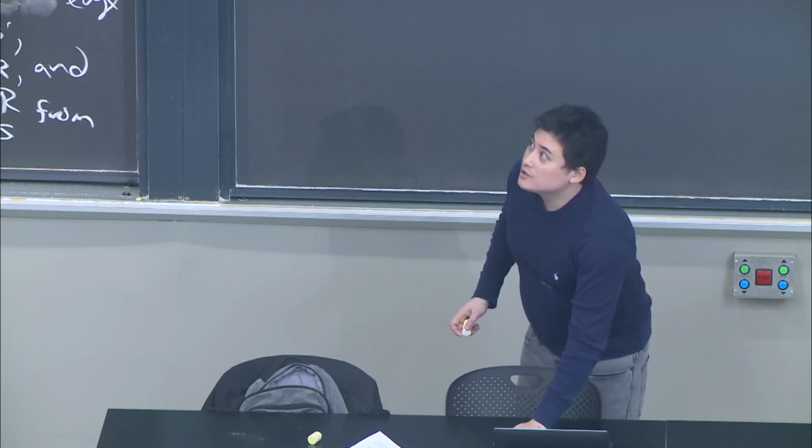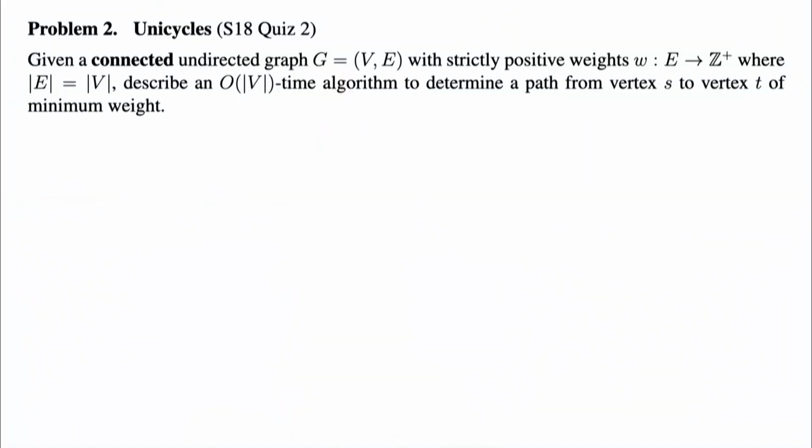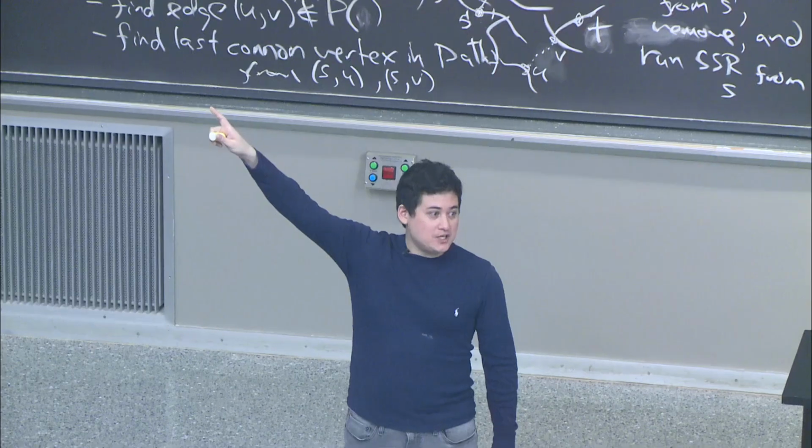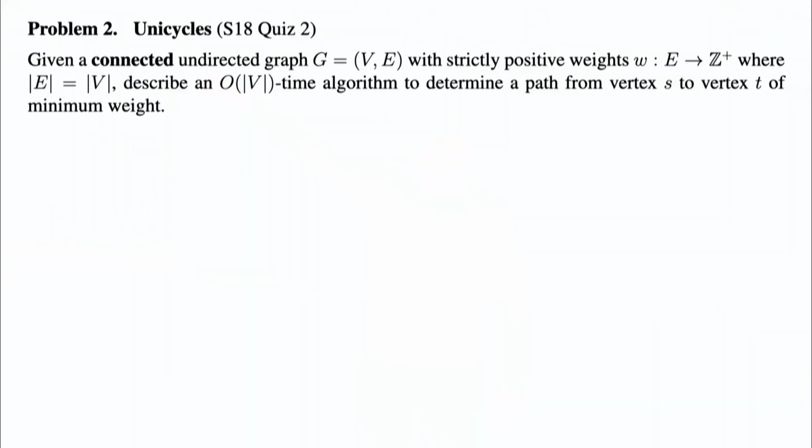There's a hint in the title. Actually, the original version of this problem said, instead of this E equals V specification, that there's only one cycle in the graph. But that is in the context of undirected cycles as opposed to directed cycles, which is usually what we talk about in this class, right?